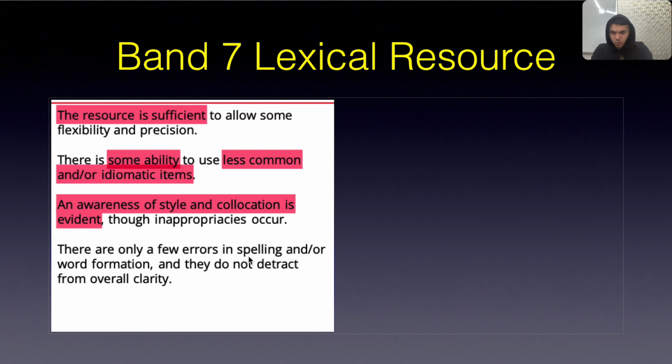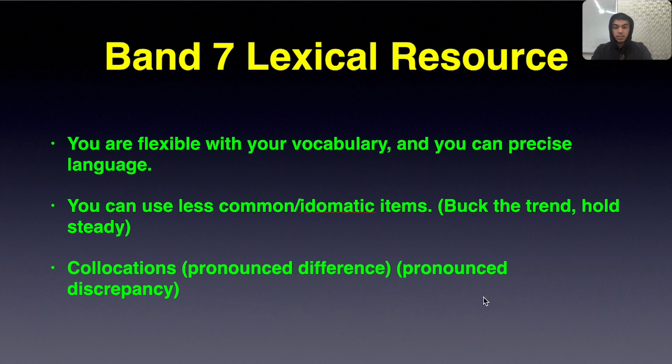I think there were some problems. So though inappropriacies occur, you can use collocations, but there are some inappropriacies, and this is an example of inappropriacy. So when you try to use a more advanced version of a simple word, which is difference, you might use the word discrepancy. It's a synonym of the word difference.